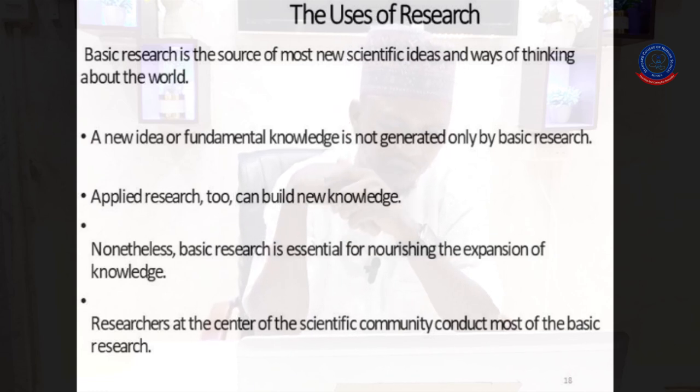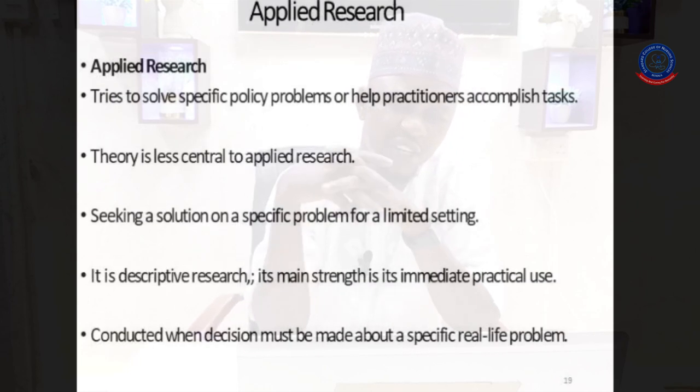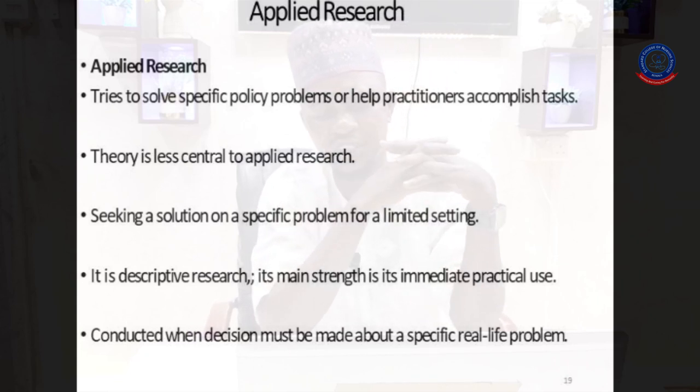Researchers at the center of the scientific community conduct most of the basic research. Then we go into applied research. Applied research tries to solve specific policy problems or help practitioners accomplish tasks.